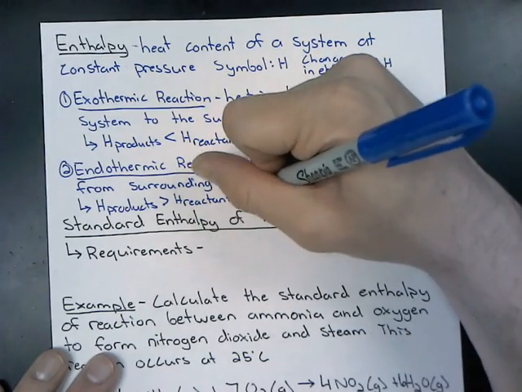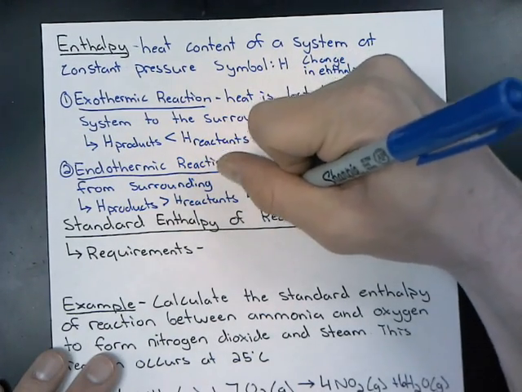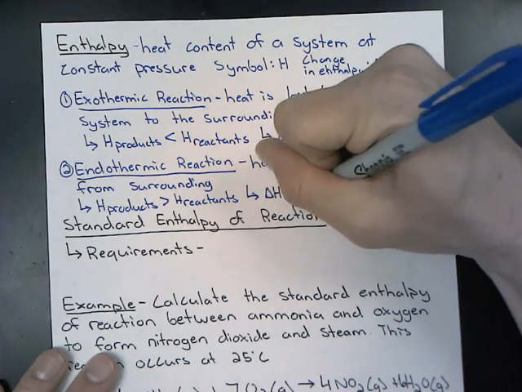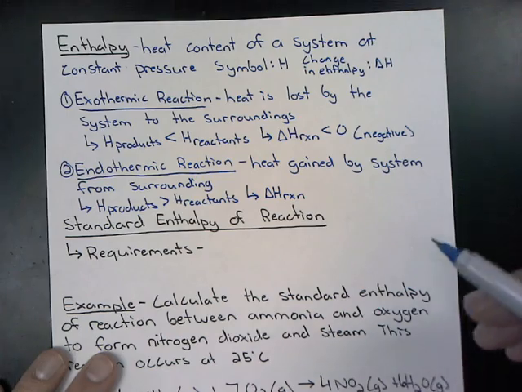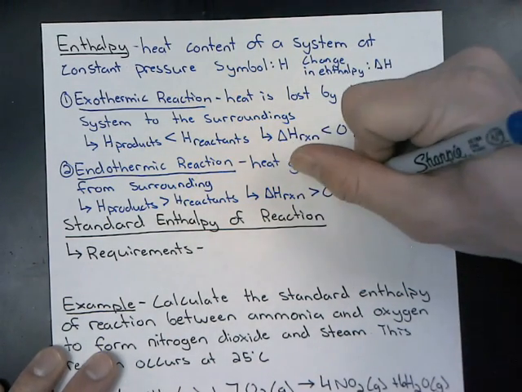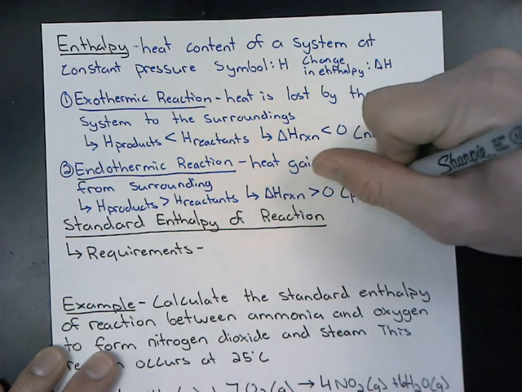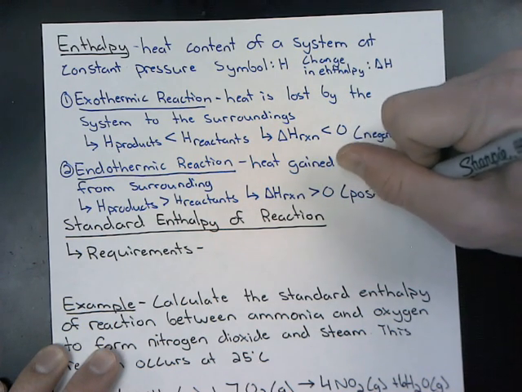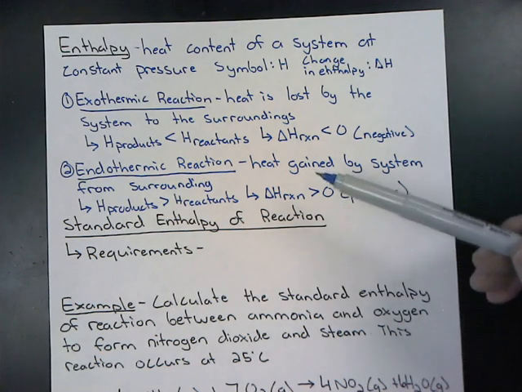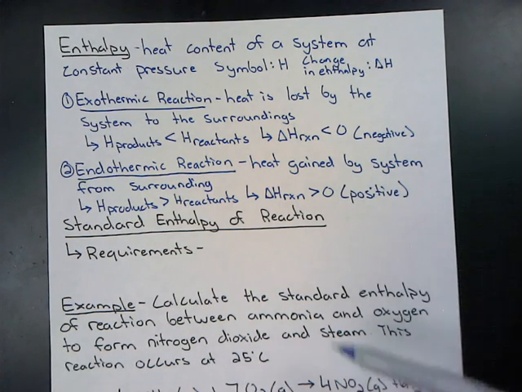So when we look at the change of enthalpy in a reaction, which again I'm going to abbreviate RXN, this time it's going to be greater than 0, or this delta H will be positive. So surprisingly, whether delta H is positive or negative tells us a lot about the thermochemistry of a particular reaction.